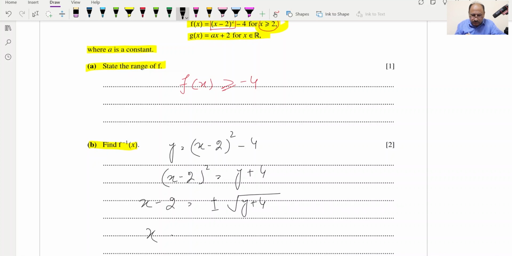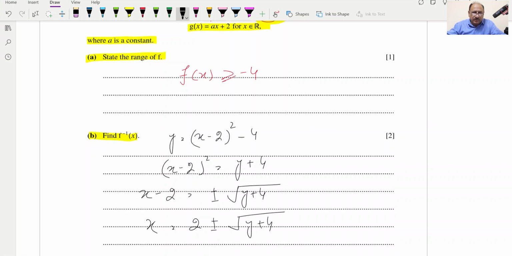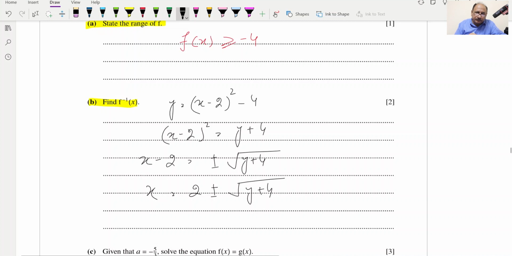If we shift the minus 2 to the other side, 2 plus minus root of y plus 4, and this will be f inverse basically. So f inverse of x is equal to 2 plus minus under root y plus 4. Basically we can swap and write x plus 4.